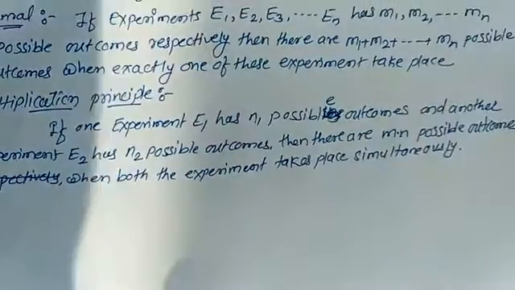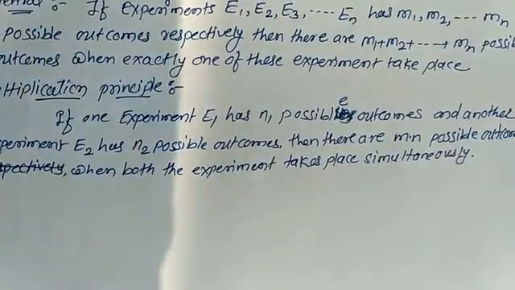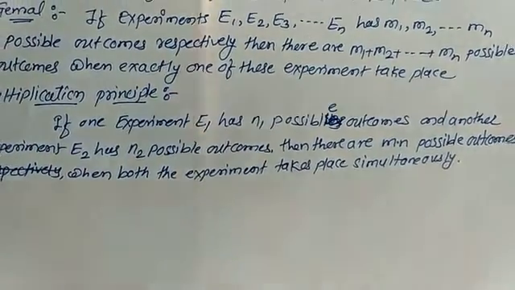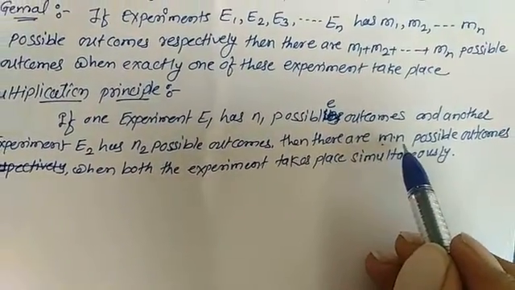Okay, when experiments are taking place simultaneously, then the number of possibilities will be n1 into n2.